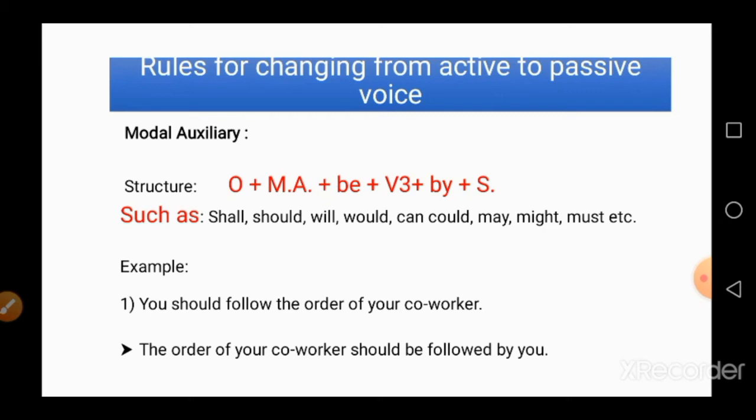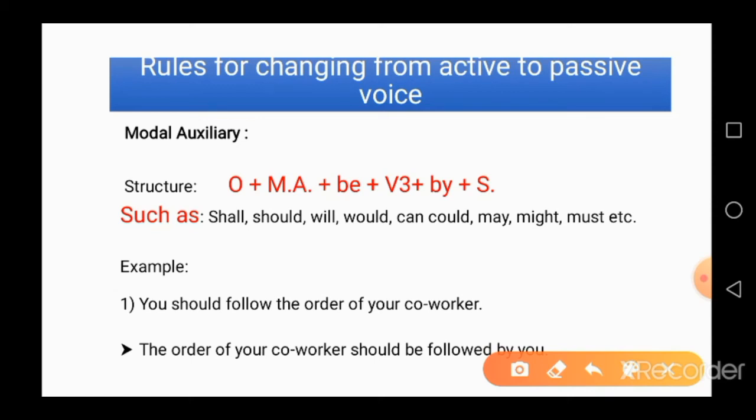Here, when it is the passive voice of modal auxiliary indefinite tense, indefinite means simple sentence. There are two types of sentences, simple sentences and perfect sentences. When we use a modal auxiliary, we use it with its indefinite form or with the perfect form.